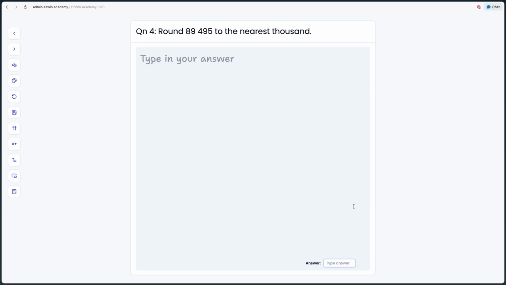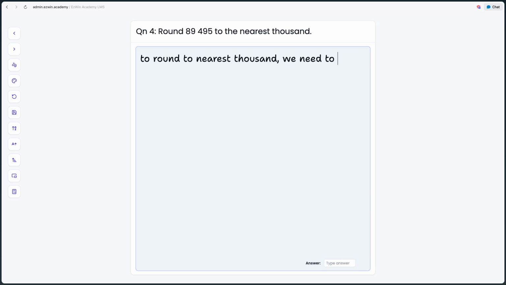Question number 4. Round 89,494 to the nearest 1,000. So to round to nearest 1,000, we need to look at one place before the 1,000 place, which is the hundreds place.